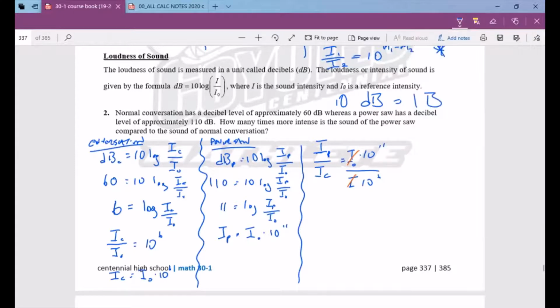and we end up with this ratio of sound intensity is equal to 10 to the 11 minus 6, equals 10 to the 5, equals 100,000.